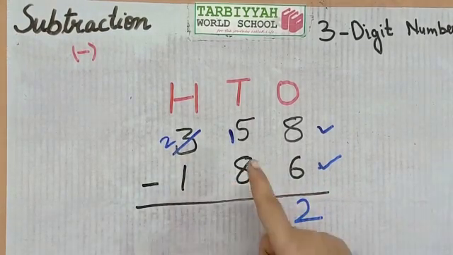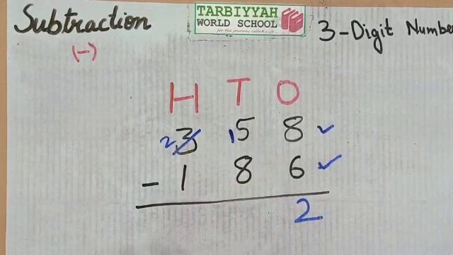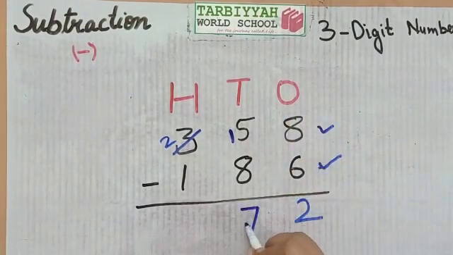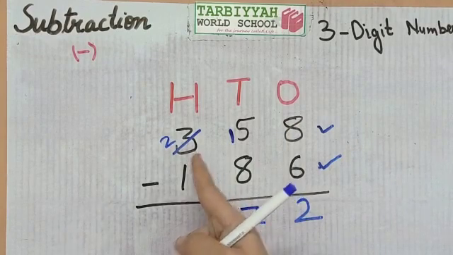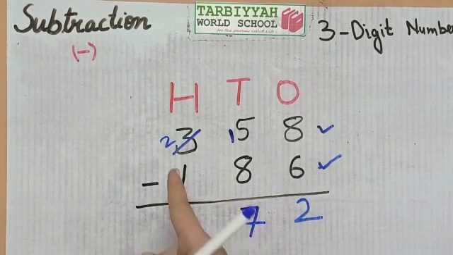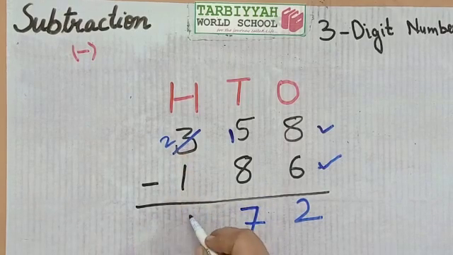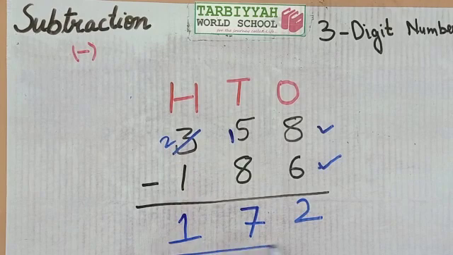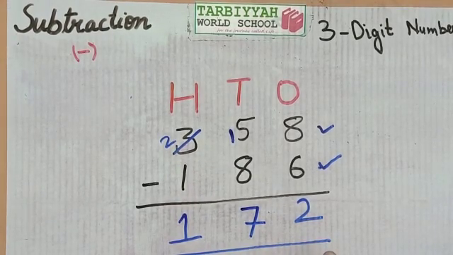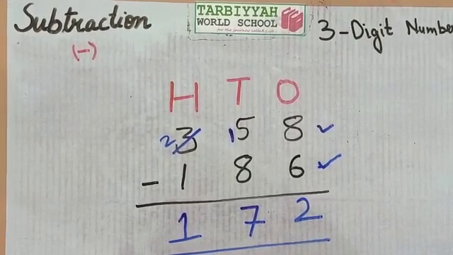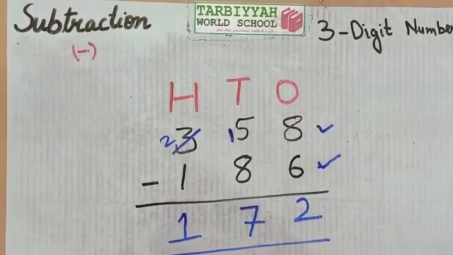So 15 minus 8 is what? 7. Okay? And now we have to subtract the hundreds, 2 minus 1 is 1. So we get the answer 172. So this is how we have to regroup the hundreds to tens.